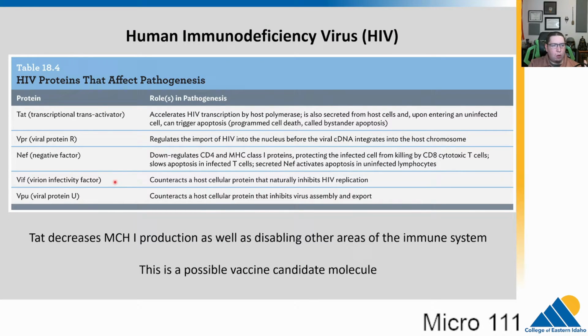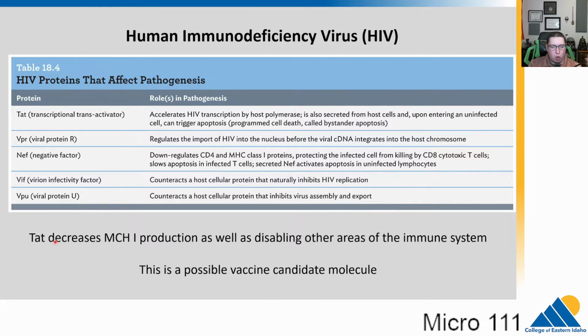We have several other proteins that we're hopeful of targeting. We talked about Nef, that reduces apoptosis, right? There's also one called Tat, transcriptional transactivator, which kind of accelerates HIV transcription. And we hope that we can maybe produce a vaccine against this molecule.